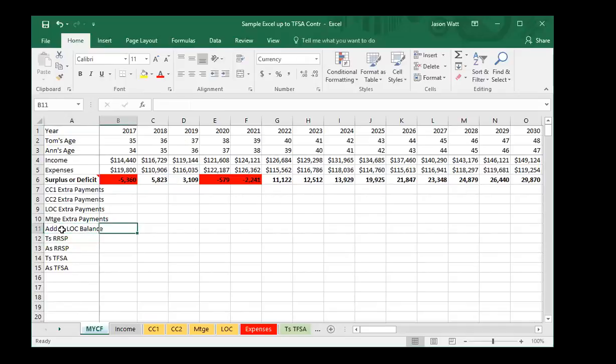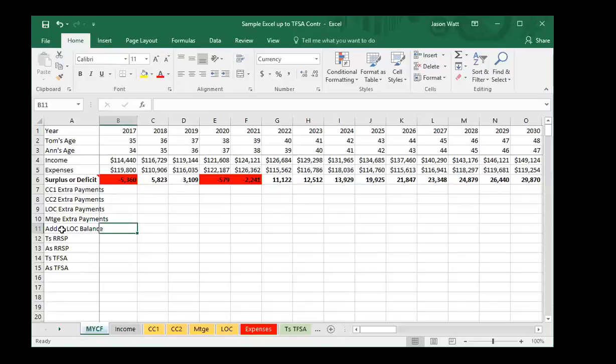There we go. So that should really be my first thing for a negative amount. Now, if I exceed my line of credit balance, now we have to start going to the credit card. We can formula all of that out, and that might be necessary, but let's just use the line of credit for now.